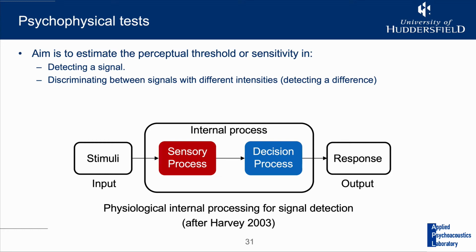Firstly, the sensory process transforms the input signal, the physical stimulus, into internal sensation. And the decision process makes a decision on our response to the stimulus based on the sensory process.